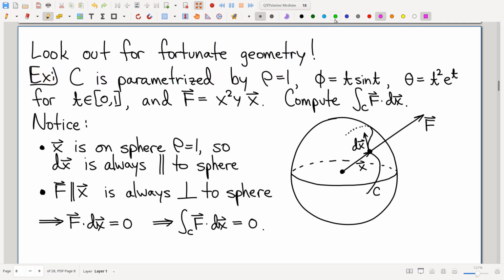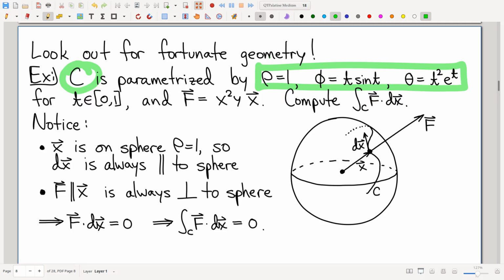So we'll start off with the curve. We've got a curve C, and I'm giving you a spherical parameterization here. That's weird, right? I've never given a spherical parameterization before. If you're going to do anything with a parameterization, compute derivatives and stuff like that, it's got to be in rectangular form.